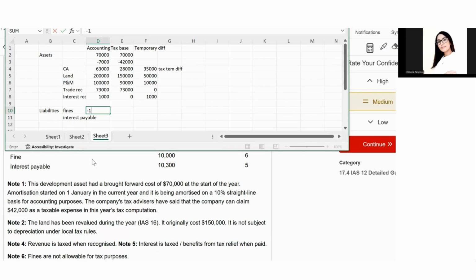Because it's a liability, we put the minus sign. Because fines are not allowable, you don't have any temporary differences, right?